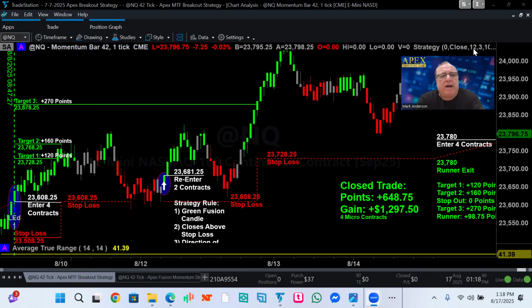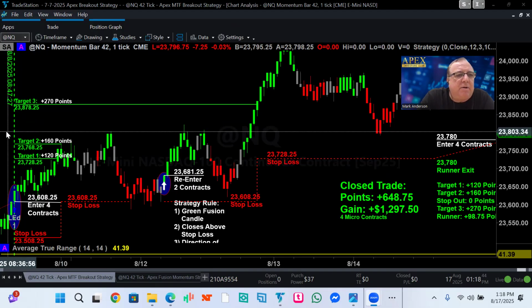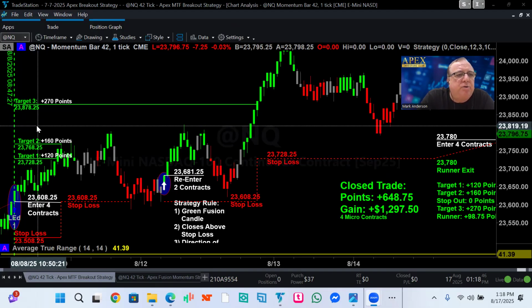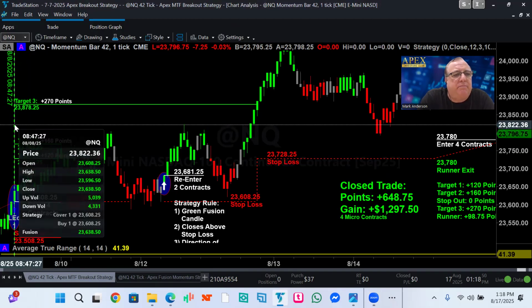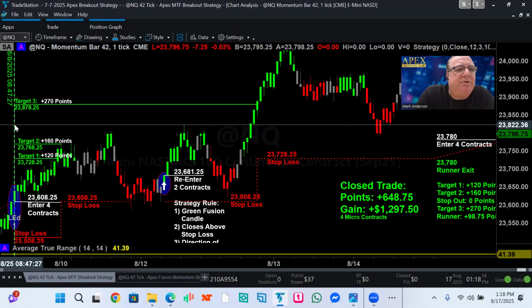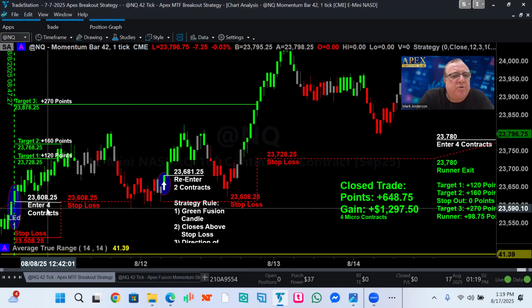Okay, let's get right into it. Remember, all the trades begin with the breakout signal. This one was on August 8th, the breakout signal at 8:50 a.m. Central Standard Time. Keep in mind we always enter four contracts, and this is using the micro minis.